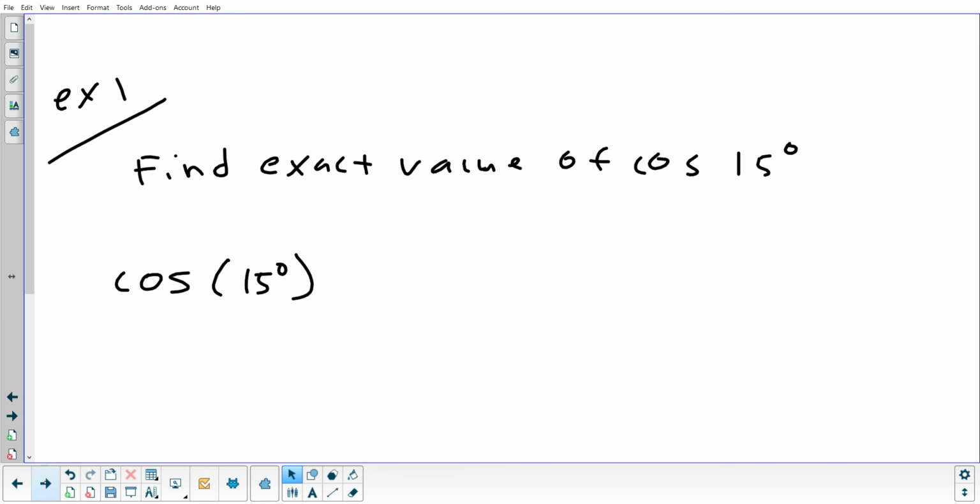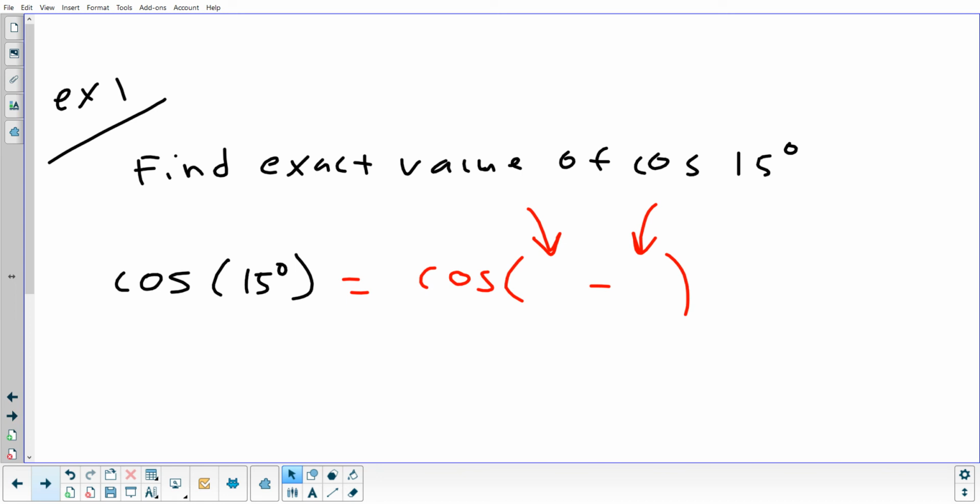The whole goal, if you're doing something numeric, is when you write this as a difference, which is the only way we know how to break something up right now, we haven't learned sum yet, the 2 angles that you put here and here need to be multiples of 30 and 45.